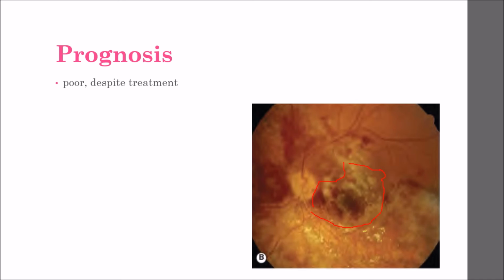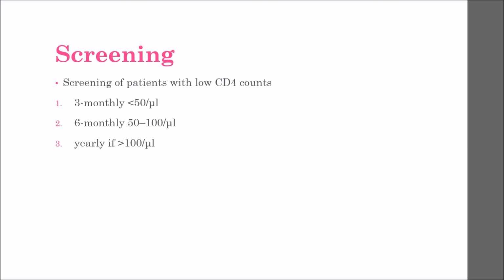So vision prognosis would be poor in these cases. Screening for patients with low CD4 counts should be done 3 monthly if the CD4 count is less than 50 per microliter, 6 monthly if it is between 50 and 100 per microliter, and yearly if it is more than 100 per microliter.